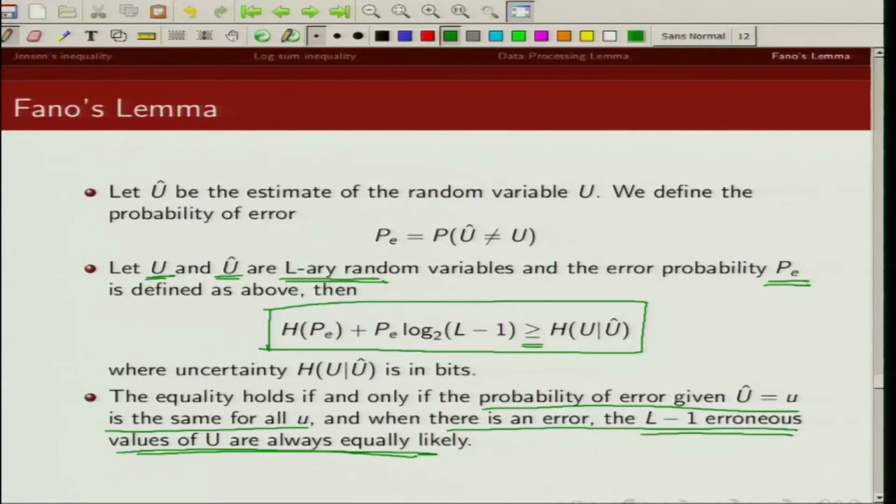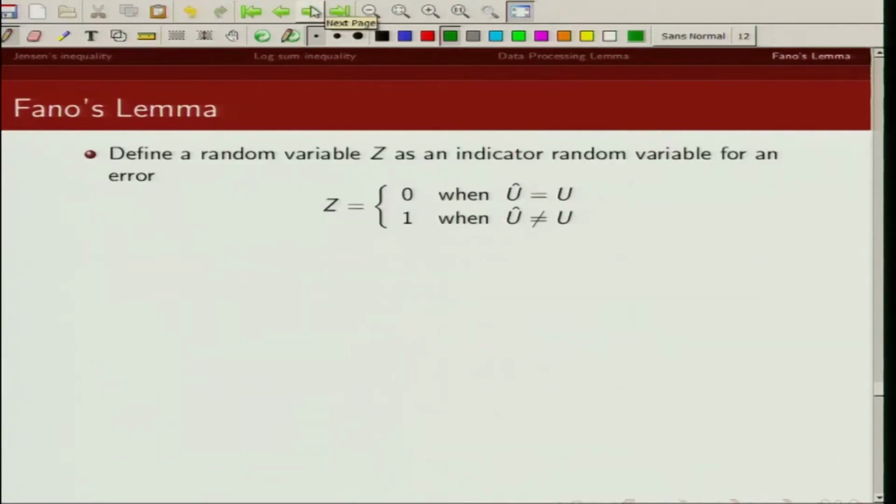So Fano's lemma links probability of error to the estimate of u that we are getting, uncertainty in u given u hat.